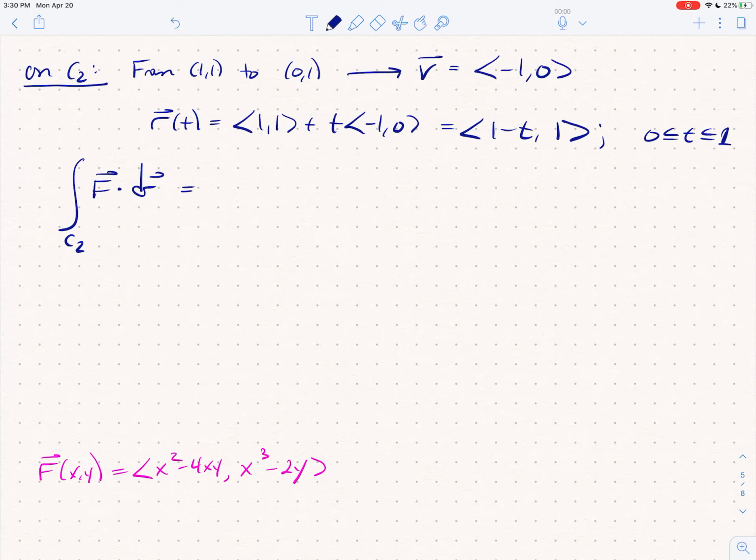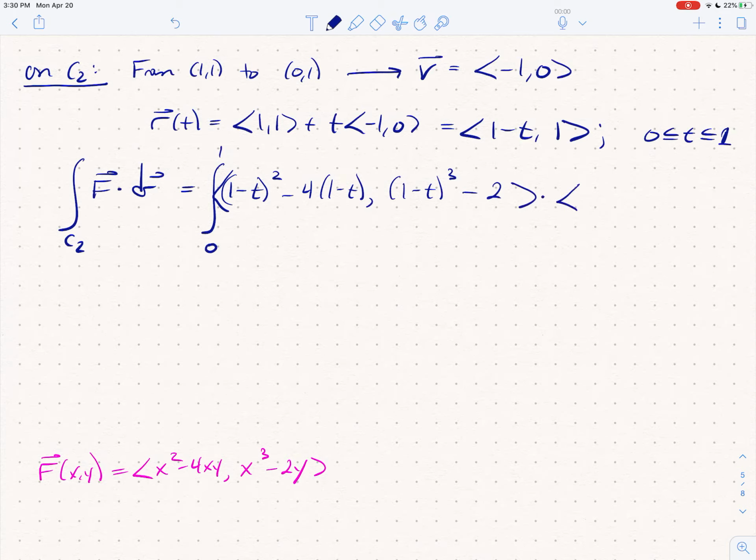Everywhere I see an x, I'm going to get a 1 minus t. Everywhere I see a y, I'm going to get a 1. So this is going to be the integral from 0 to 1 of the vector (1 minus t) squared minus 4 times (1 minus t) times 1, comma, (1 minus t) cubed minus 2.